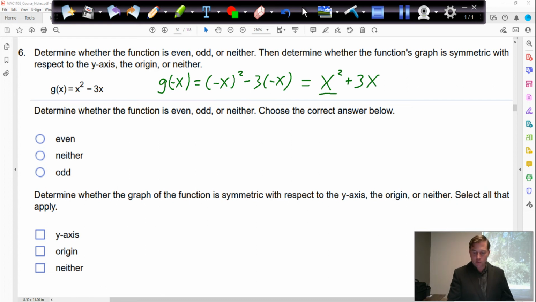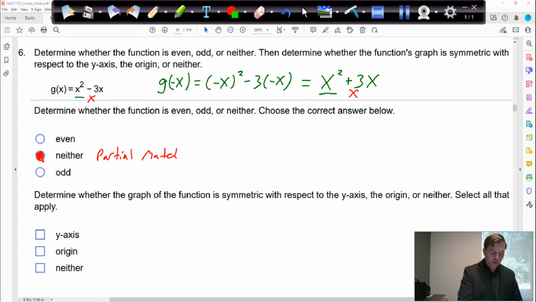And we see that we have a match here, but we have a mismatch here. So the minus and the plus do not match, but the first two match, so this is a partial match. And if you get a partial match, that's going to be neither. So it doesn't have symmetry on either of these things. So it's not an even or odd function, and it will be no symmetry about any axis.